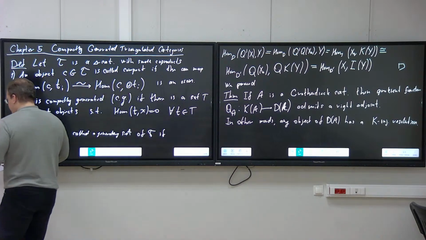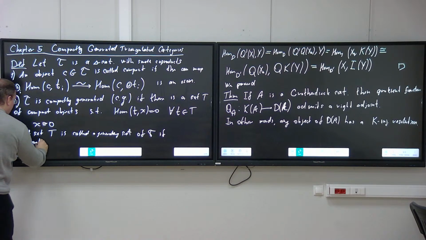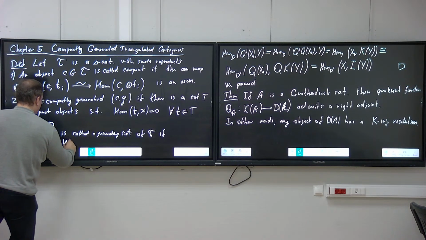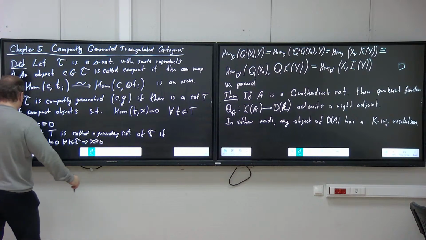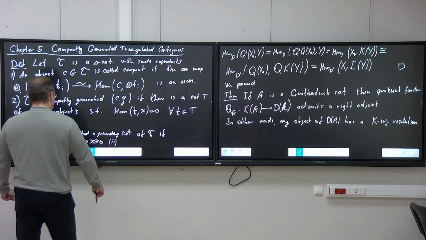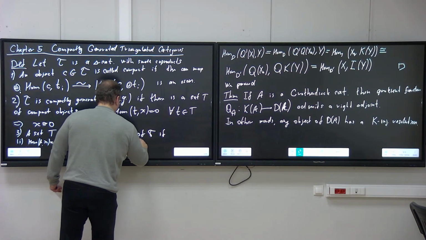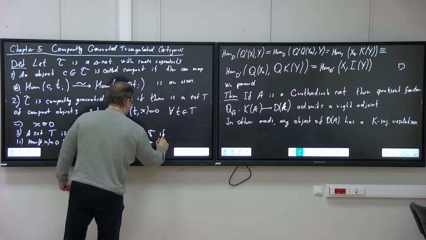First, condition 1 is the same as before: Hom(t, X) equal to 0 for any t in T implies that X is isomorphic to 0 in the category. And the second condition is that T is closed under shifts.